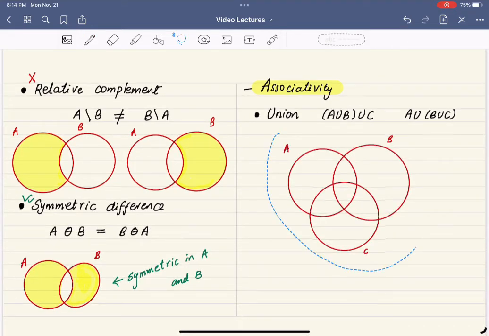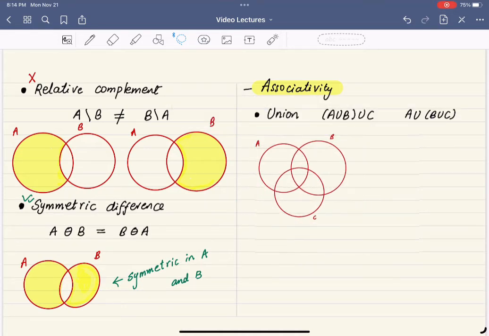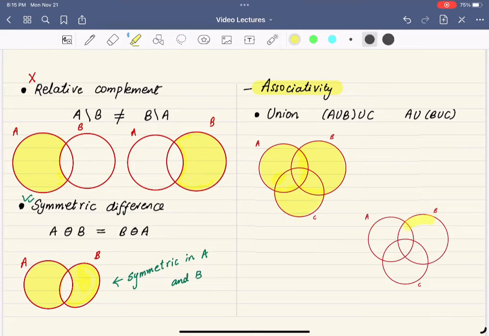Here you have three sets A, B, C. You want to see that if you take the union of A, B first, and then take its union with C, we want to see if it is equal to taking the union of B, C first, and then uniting it with the elements of A. Boom, we get both the expressions equal. So that means that associativity is followed by the union operation.